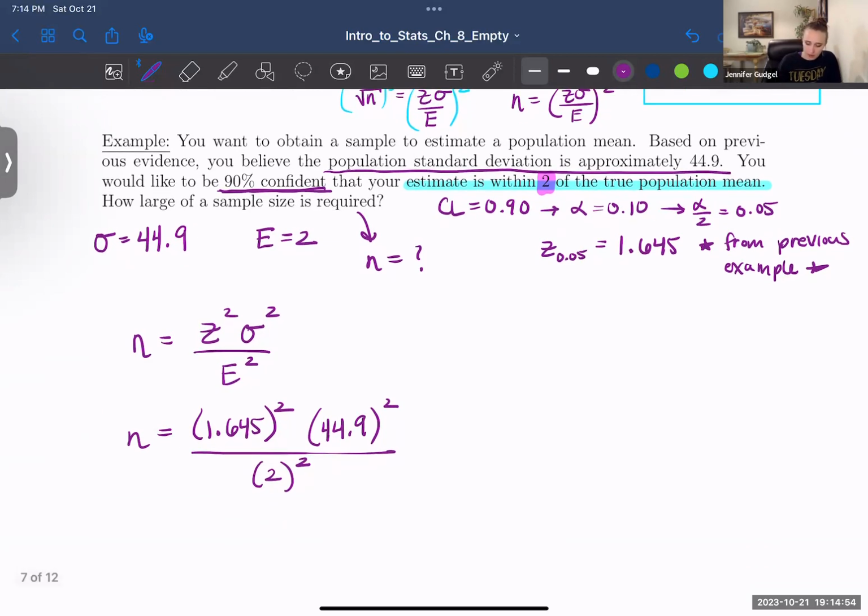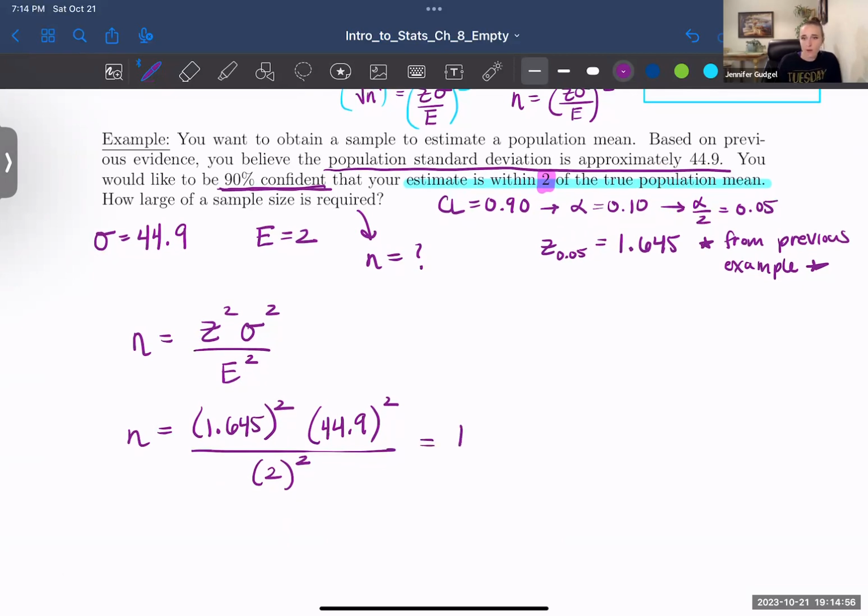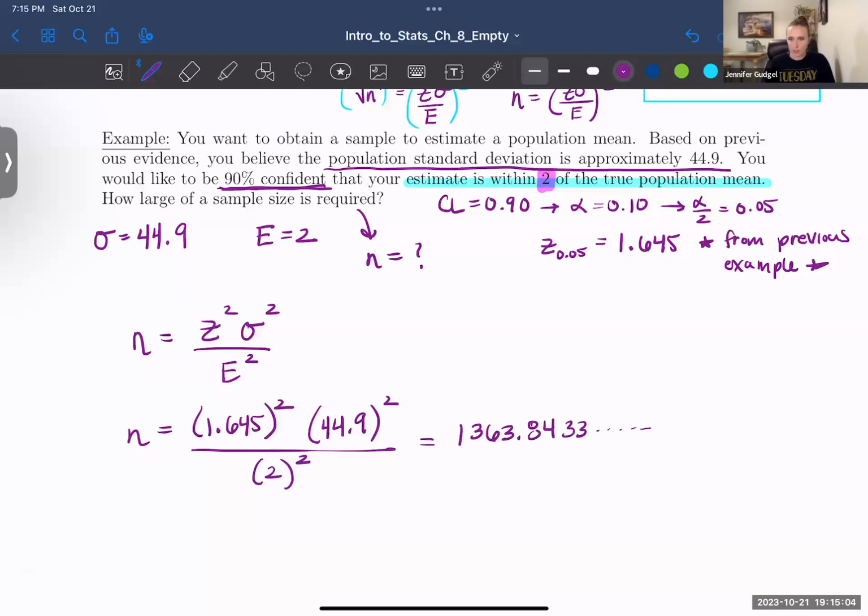We put this into our calculator and we get 1363.8433, and so on. Actually, if I'm going to stop at 4 decimal places, I'll round that to 1363.8434.